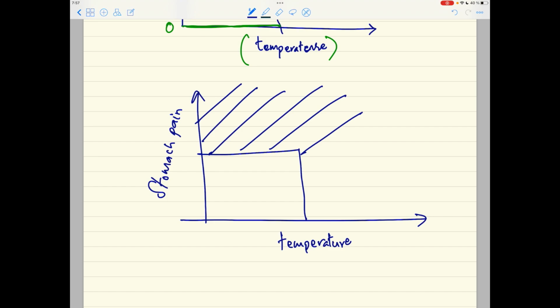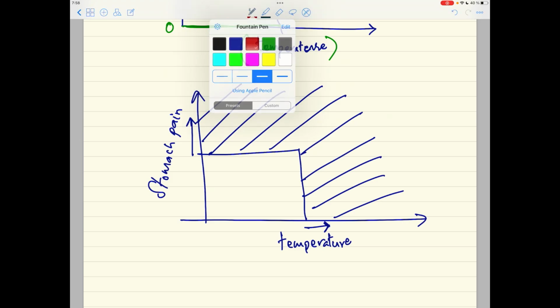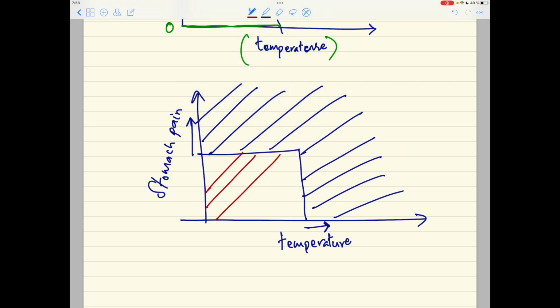So in this region, you will be admitted, because your stomach pain is higher than a certain threshold and your temperature is higher than some other threshold. This is the critical region where you'll be admitted. Here on the other hand, if you look at this region, you'll just be requested to stay at home and recover from your illness. So this is a two-dimensional case.